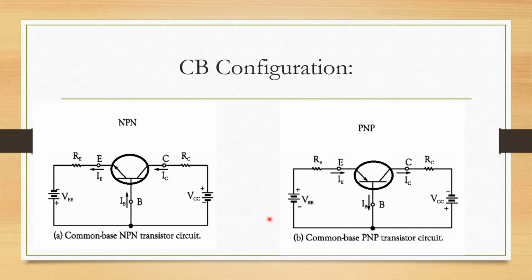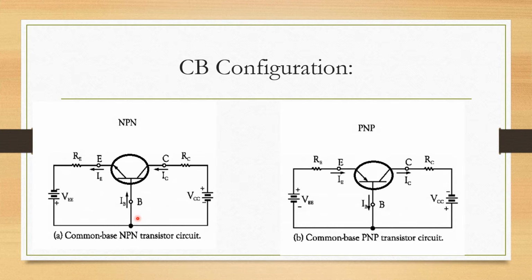Here in common base configuration, emitter is the input terminal, collector is the output terminal, and the base terminal is connected as a common terminal for both input and output.